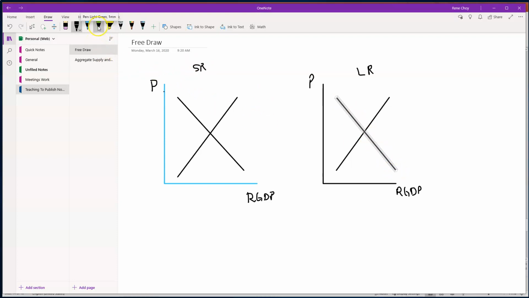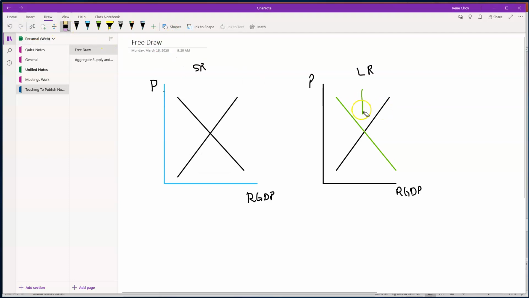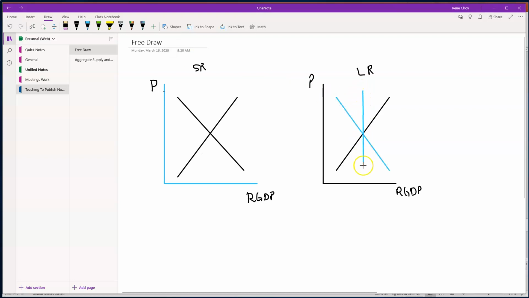So on this one here, we'll use blue for that, and then we'll use green fill.